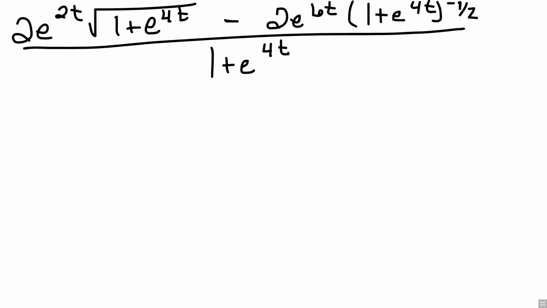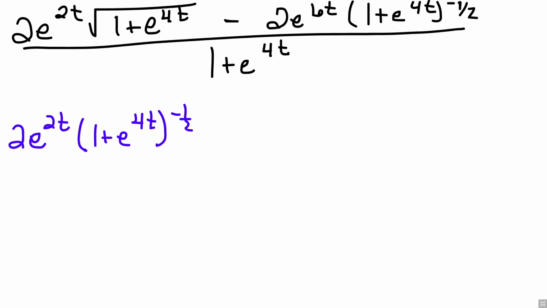So what I'm going to do is a little factoring here to reduce, and it's the numerator that I'm going to be factoring. From the numerator, I'm going to factor out a 2e to the 2t, and I'm also going to factor out a 1 plus e to the 4t to the negative 1/2. So I basically factor out everything with the smallest exponent.